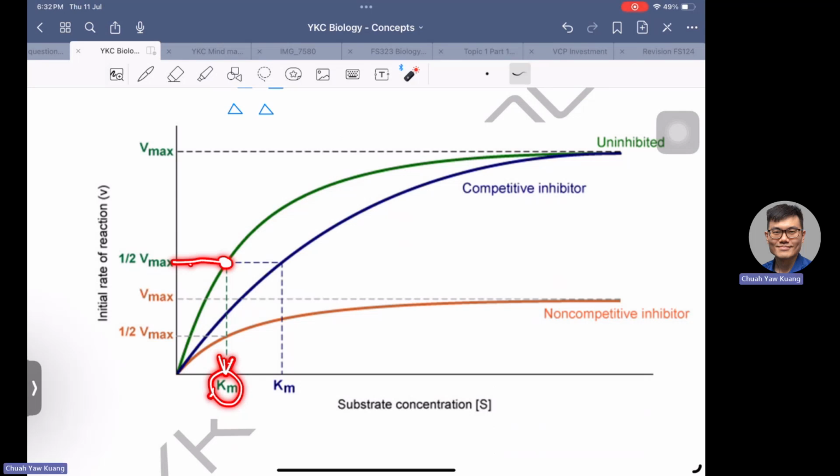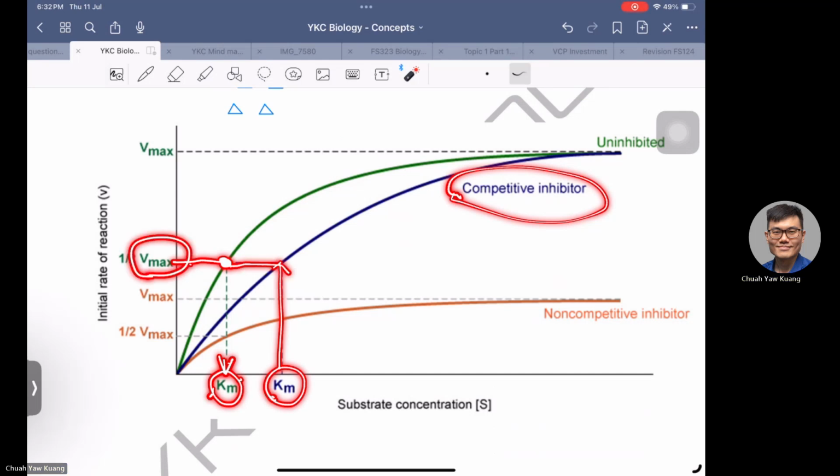But when you have added the competitive inhibitor, you will need a higher substrate concentration. Only then can you achieve the same rate of reaction. So a lower concentration of the substrate indicates a lower Km, meaning that the enzyme has higher affinity.